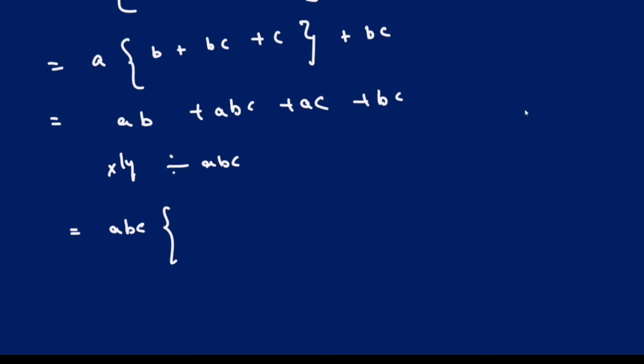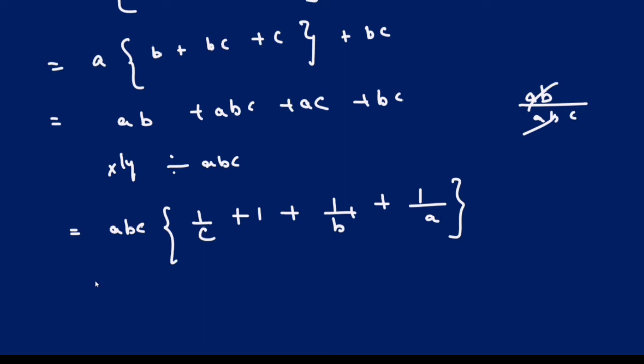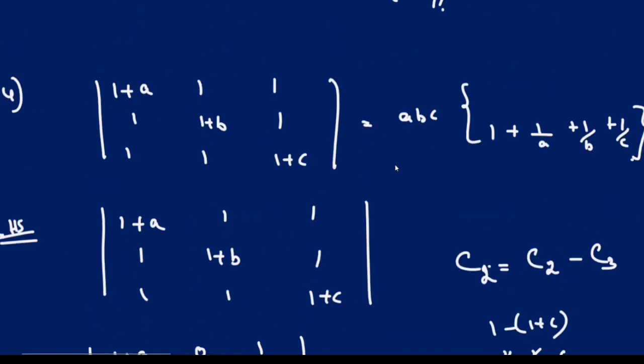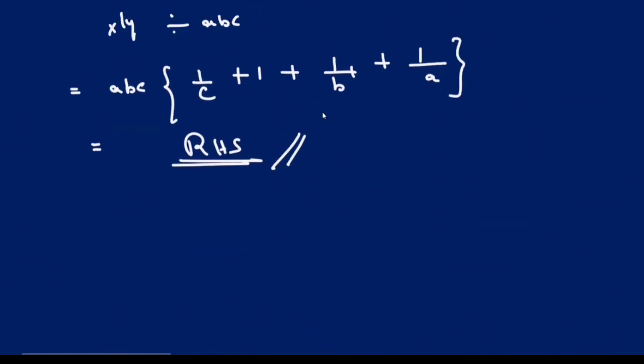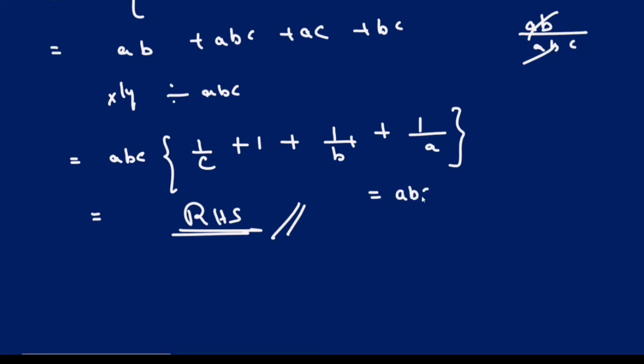If I divide AB by ABC, what will I get? 1 by C. What will I get here? 1 by A. What is AC by ABC? 1 by B. So that's the answer, equal to the right hand side. You can rearrange and write: ABC times 1 plus 1 by A plus 1 by B plus 1 by C.